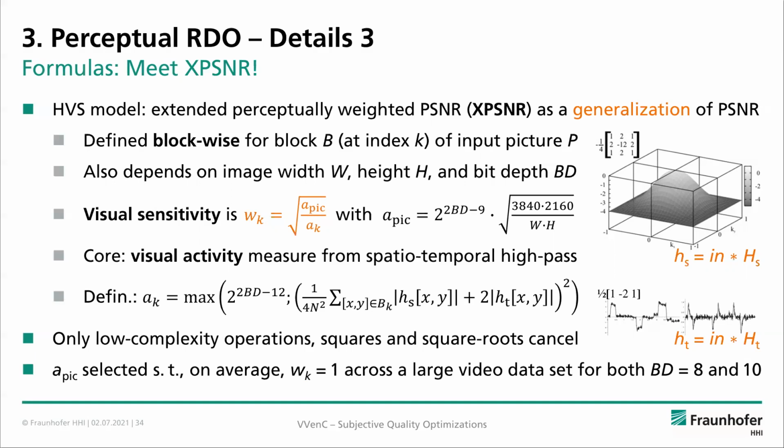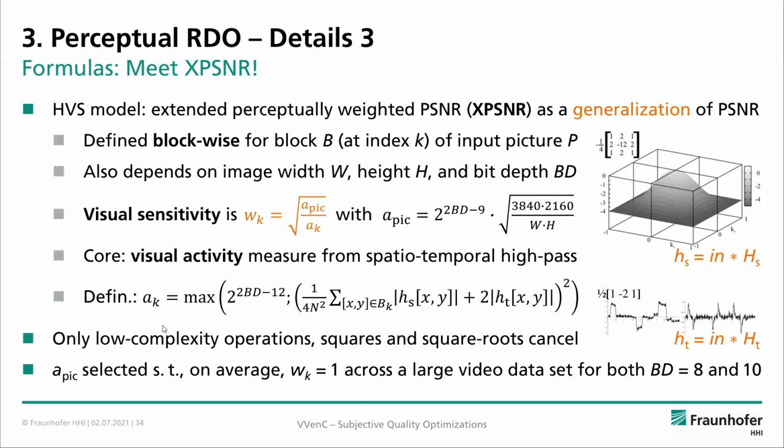It defines a blockwise weight W_k as follows, depending on the image width and height and bit depth, where a_pic is an average value determined across a large set of videos, and a_k is a visual activity measure using the previously mentioned spatiotemporal high-pass to obtain a measure of the sensitivity or masking capability of a given image area. The definition is as follows.